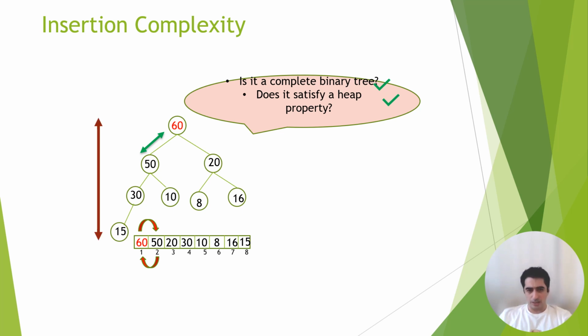The operation takes you log of n, where n is the number of elements, because the number of times that you compare every node with its parent in the percolate up is equal to the height of the tree. The height of the tree is always log of the number of elements in it, because a binary heap is a complete binary tree, and therefore it is always balanced, and because it's balanced, the height is always log of n.